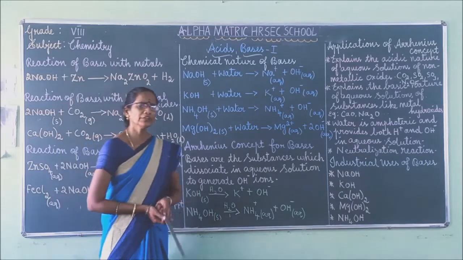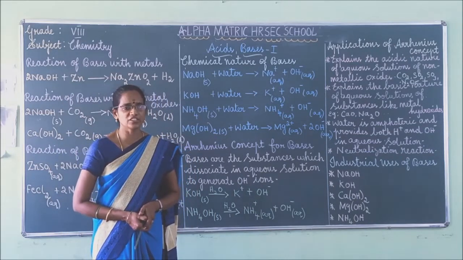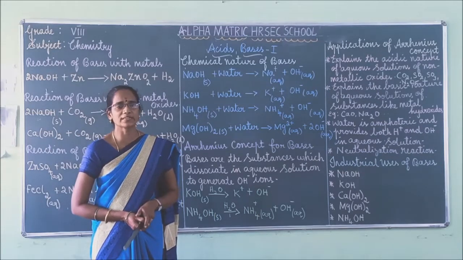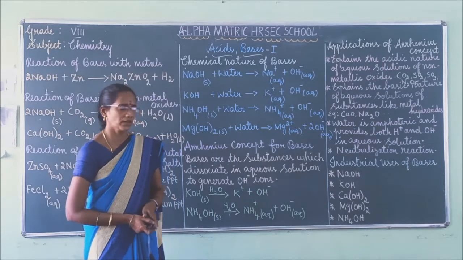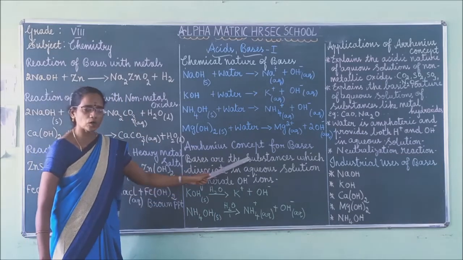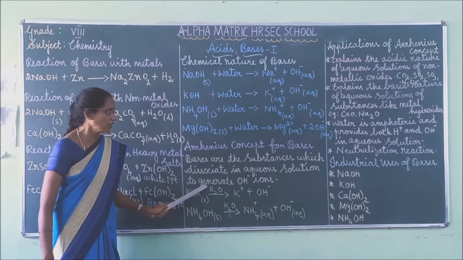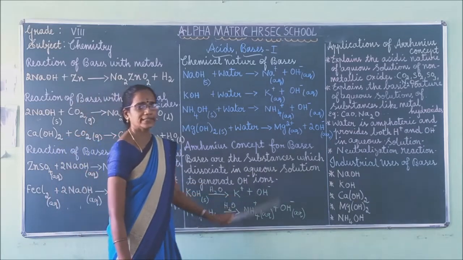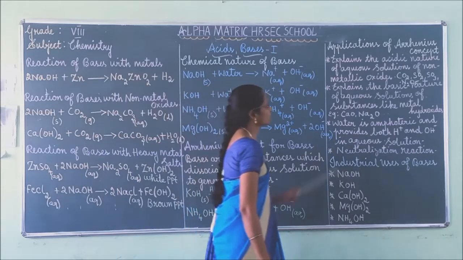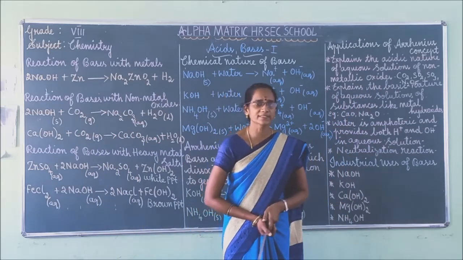H plus ion means it releases hydrogen ions; OH minus means base, hydroxide ions. So according to Arrhenius concept, bases are the substances which dissociate in aqueous solution to generate OH minus ions. Got it? Next we can move to the applications of Arrhenius concept.